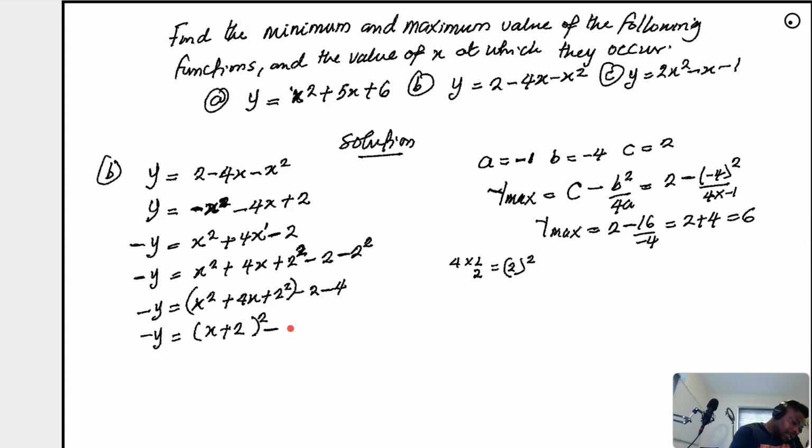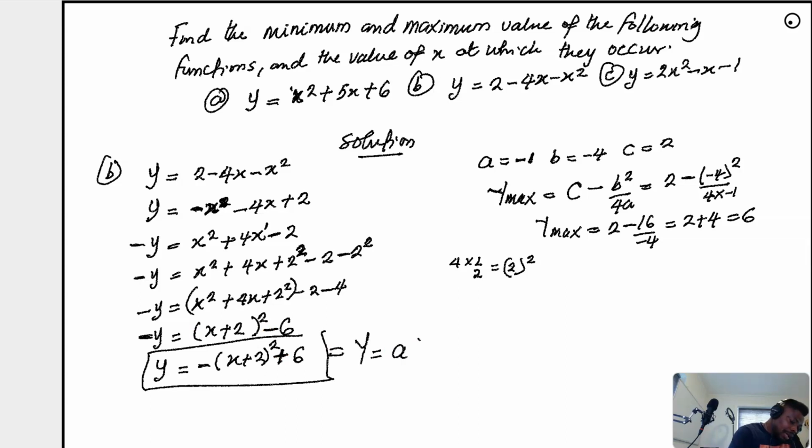So this is minus 2 minus 4, that is minus 6. Because minus is still here, multiply through by minus. So you have y is equal to minus bracket x plus 2 squared plus 6, because minus times minus is plus. So we have this now. And if you compare this to y is equal to a(x minus h) squared plus k, you can see our k is plus 6.